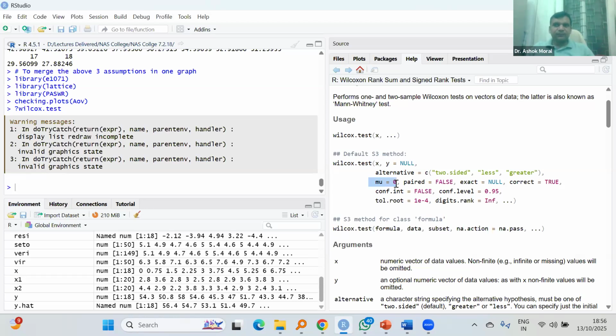If you pass the two data sets, two variables x and y, then it will test by default two-sided, with the mean difference 0, and paired is false. If you have paired data but the data does not follow normality, in that case you can use the Wilcoxon test. In this case, paired will be equal to true.